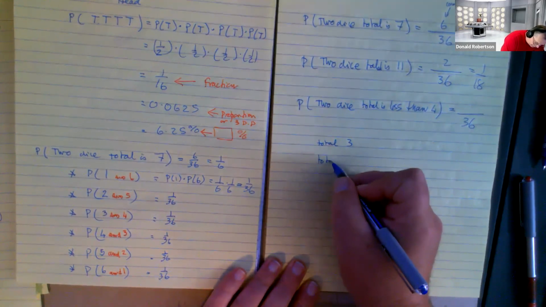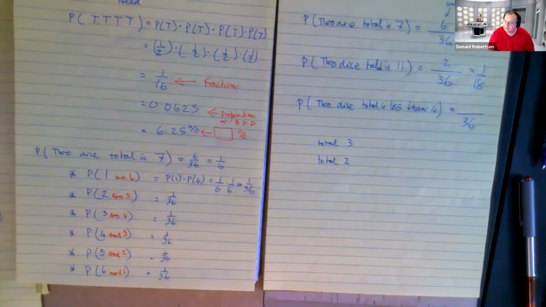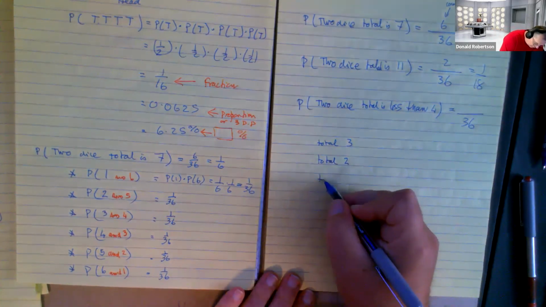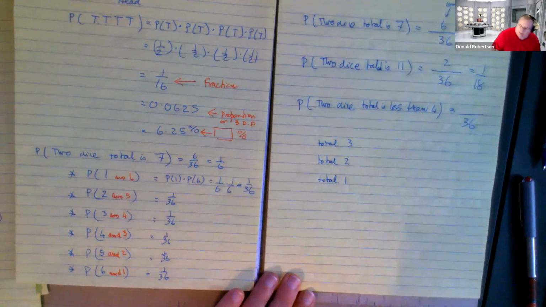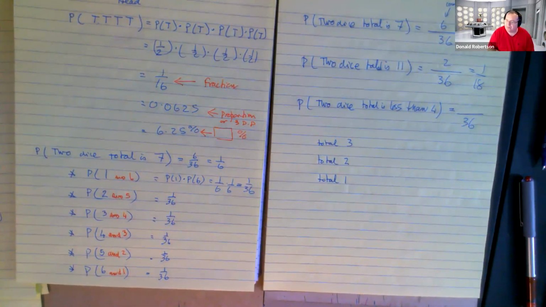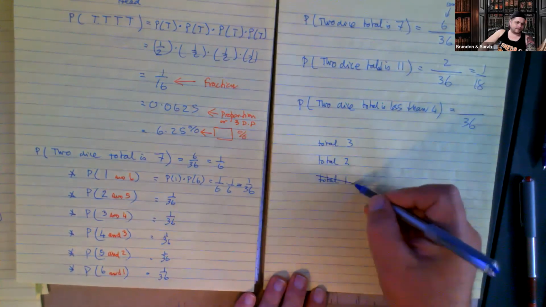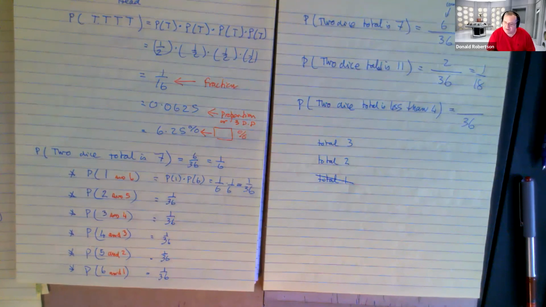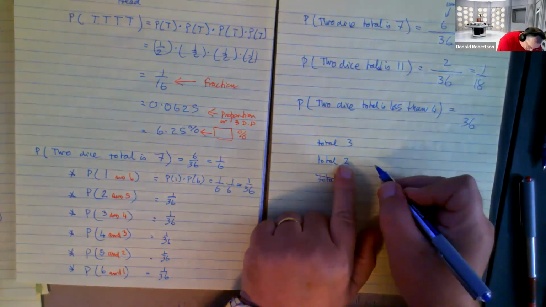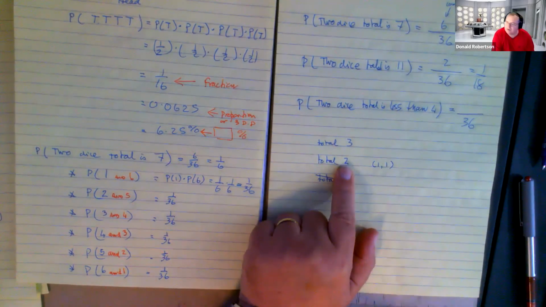It also means, doesn't it, that the total could be a 2. Why doesn't it include the total could be a 1? Why is that silly? Because you have 2 dice. Yeah, you're never going to get a total of 1, agreed? Now, how many ways can you get a total of 2? Can't you just get it with a 1 and a 1?